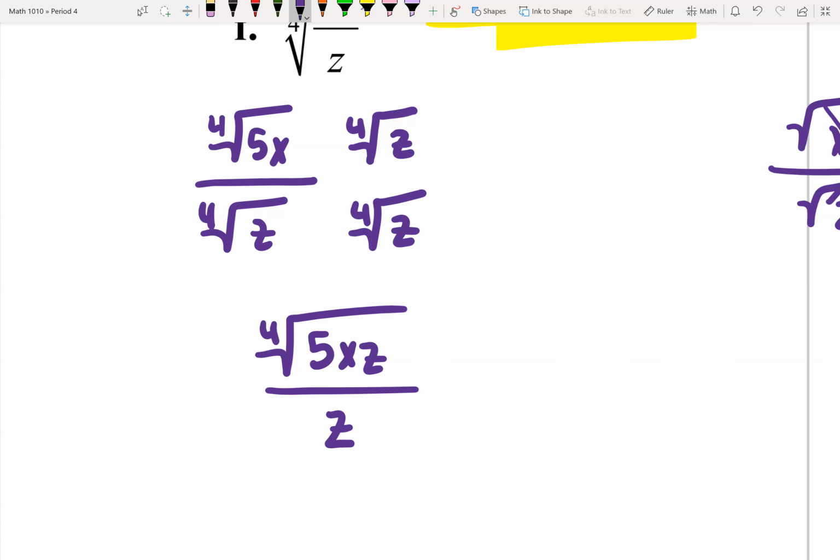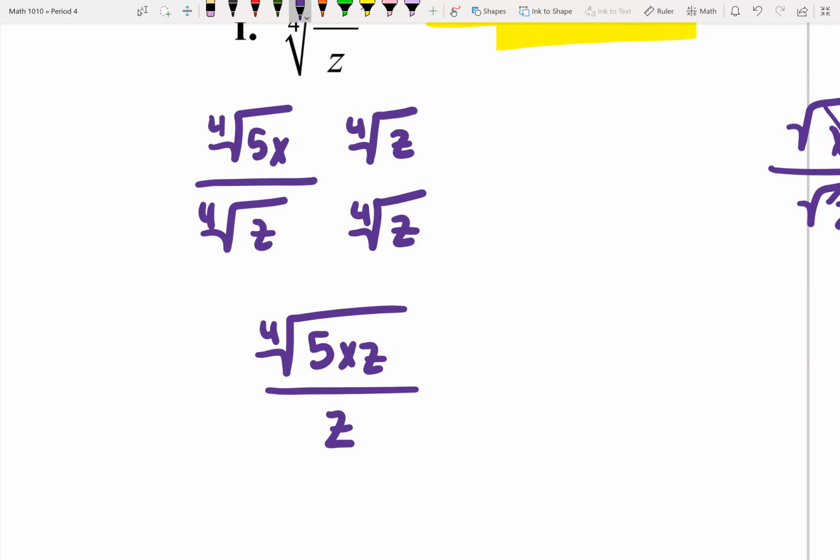Okay, now somebody else piggyback off of what she said. Do you see what she's saying? She said this was a square root, and you did it twice. But now we have a fourth root. Then you have to have 4 of them. But I don't want to go 4 through z, 4 through z, 4 through z, 4 through z.